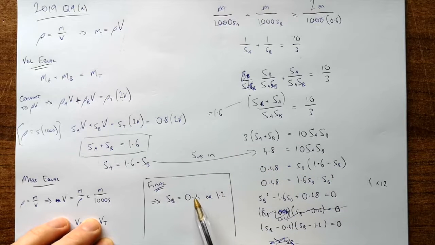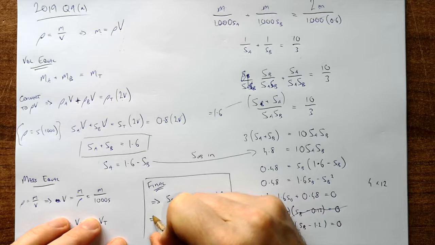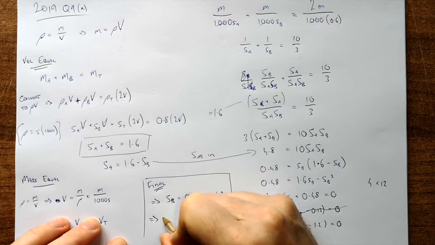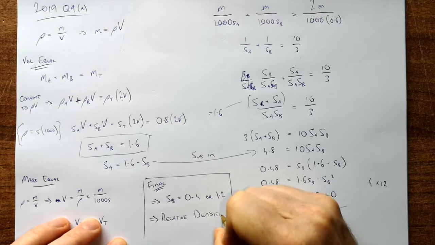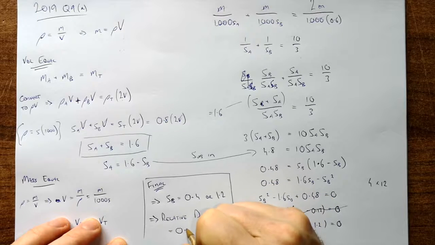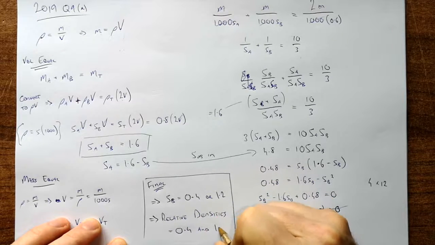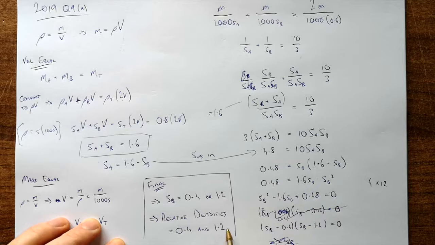And you can see here, of course, these two together are 1.6. So we want to find the relative density of the substance. So therefore, relative densities are 0.4 and 1.2, and we just don't care which is which.